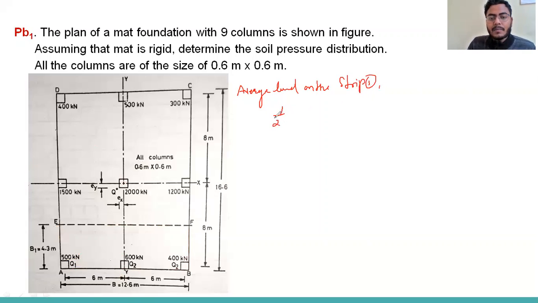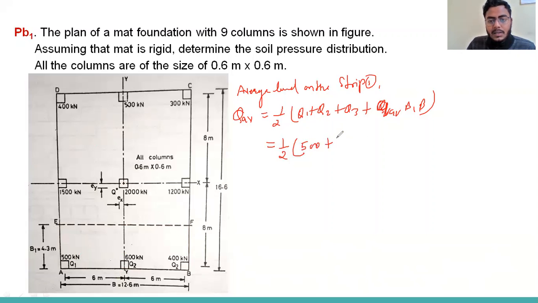The average load on strip 1 is half into Q1 plus Q2 plus Q3 plus small QAV into B1 into B. So half into Q1, 500, Q2, 600, plus Q3, 400, plus 39.5 into B1, 4.3, into B, 12.6.